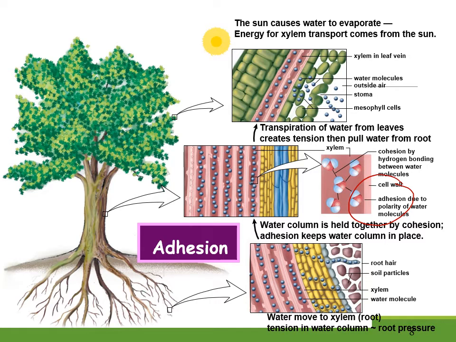Adhesion and cohesion forces continuously pull water along the xylem. Another force involved in the transport of xylem sap is capillary action, caused by the small diameter of the xylem vessel. It helps water to move upward despite gravitational forces.